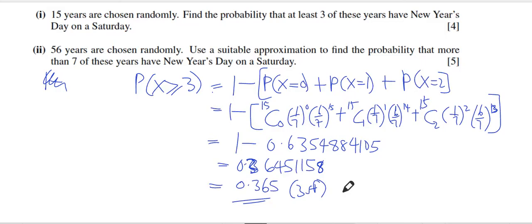Next question. 56 years are chosen randomly. Use a suitable approximation to find the probability that more than 7 of these years have New Year's Day on a Saturday.